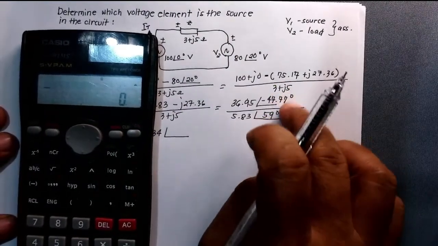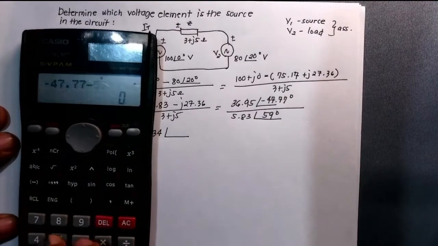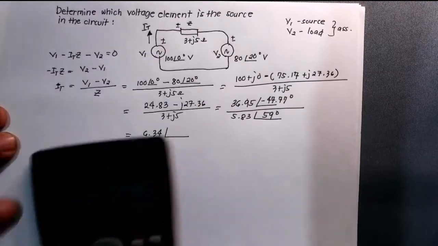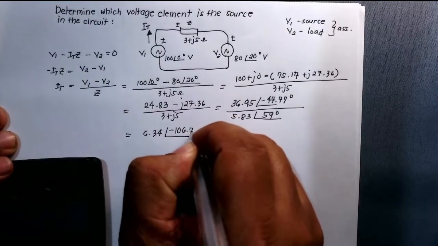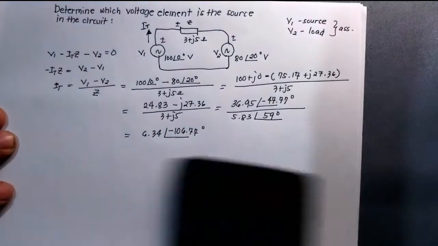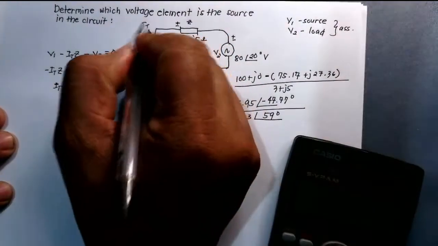So I'll add the angle. So that is negative 47.77 minus 59. So it will give me negative 106.77 degrees. So this is my I sub t, my current here.